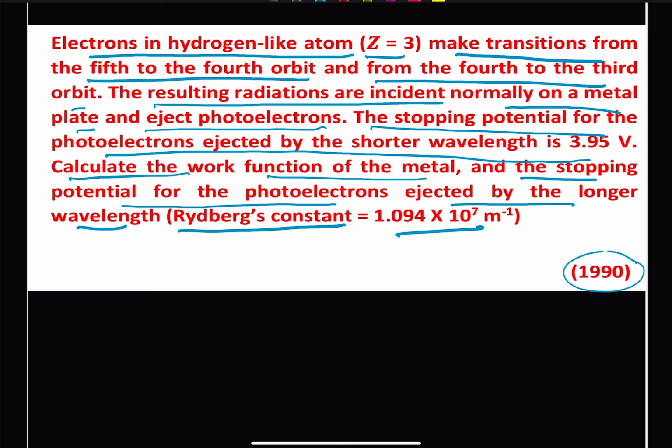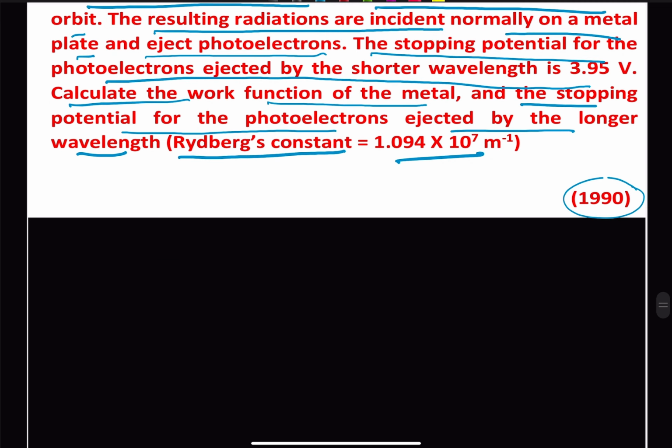So we are given two transitions. One transition is from 5 to 4 and the other is from 4 to 3. From here we can conclude which will be our longer wavelength and which our shorter wavelength.